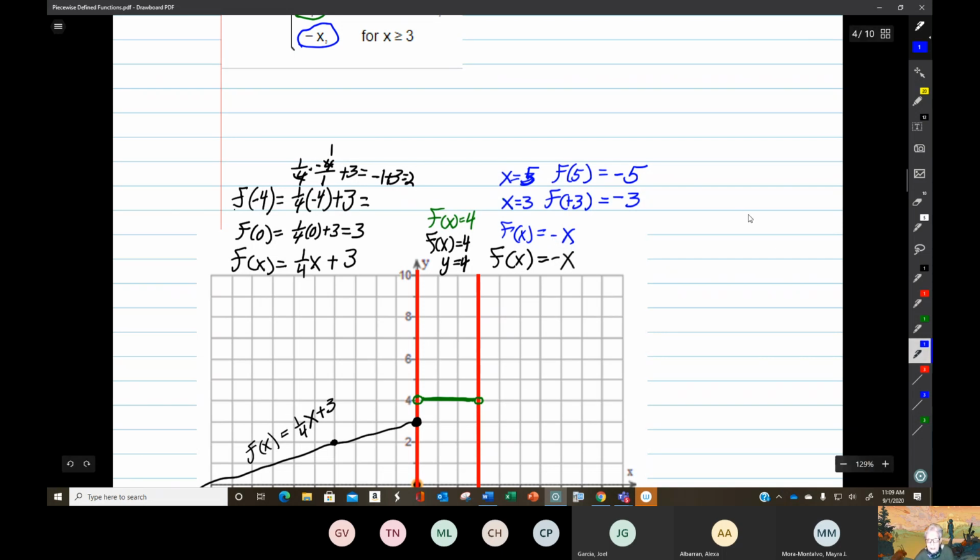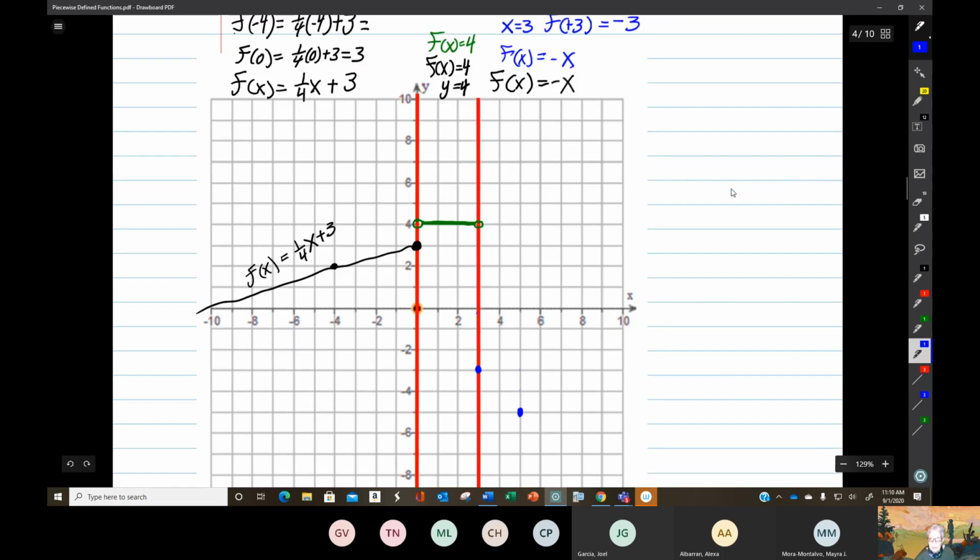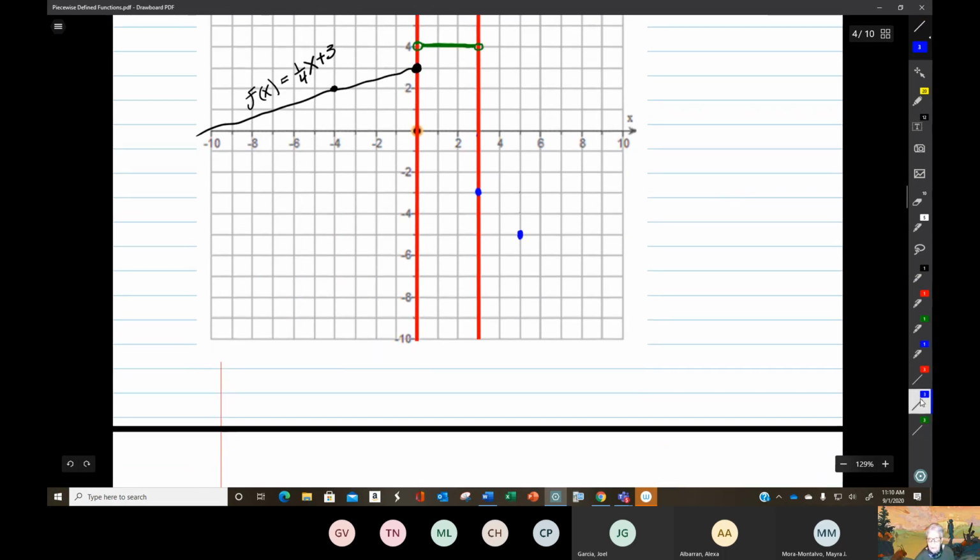So at x equals 3, which is right here, y will equal negative 3, and x can actually equal 3. So I can make it a solid hole. And if x equals 5, y is going to equal negative 5. Negative 4, negative 5. And so I draw a line connecting up those 2 points.